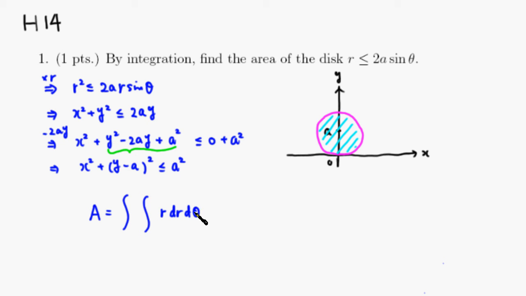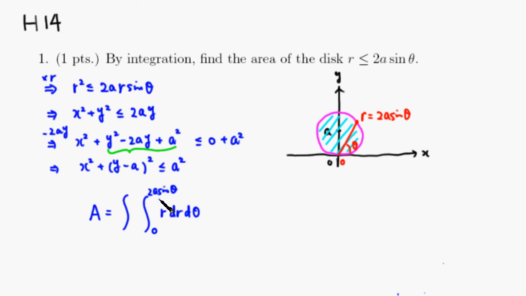For a fixed theta, r starts from 0 and goes along to 2a sine theta. So the r value goes from 0 to 2a sine theta.